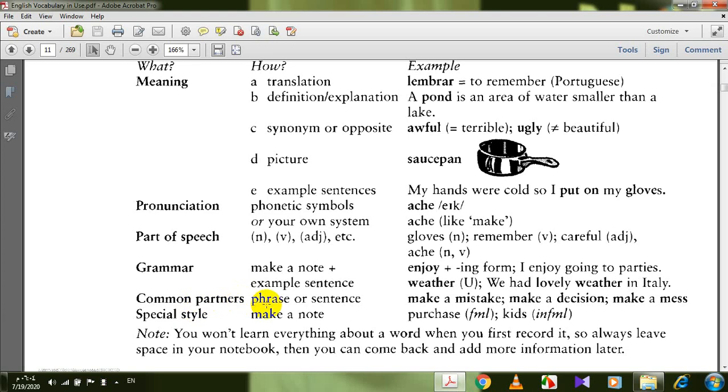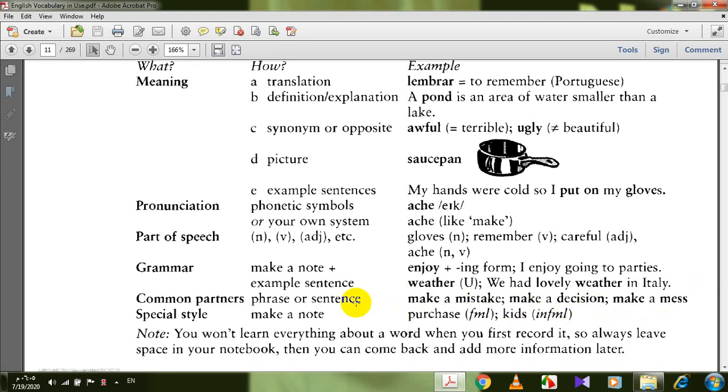It means that some words usually occur with other words, like make a mistake, make a decision, make a mess. However, have a party, have a baby, have a shower, and this stuff.